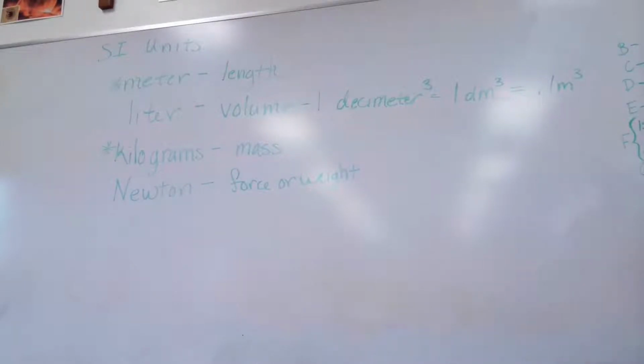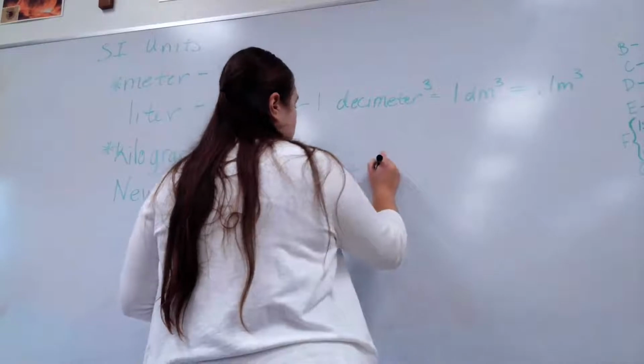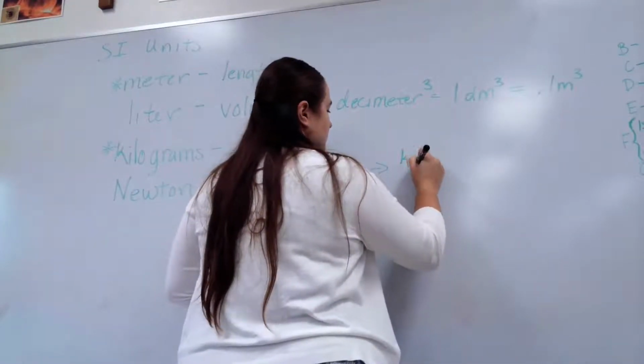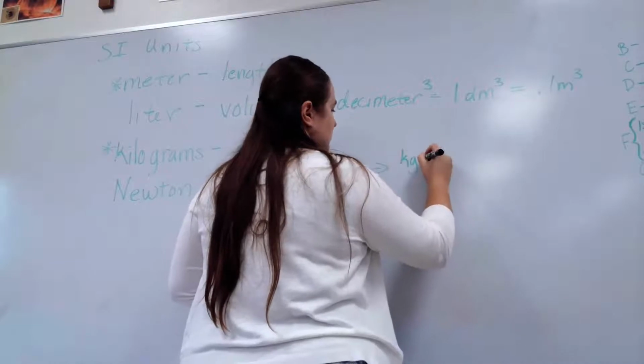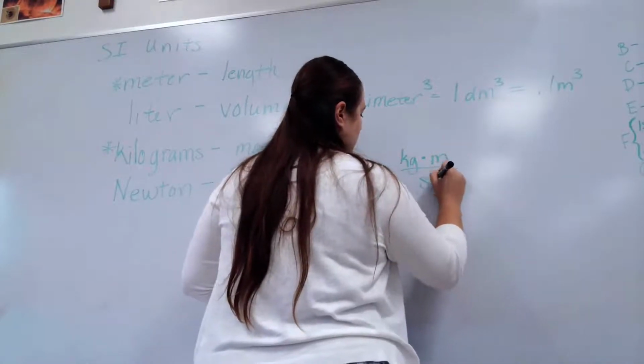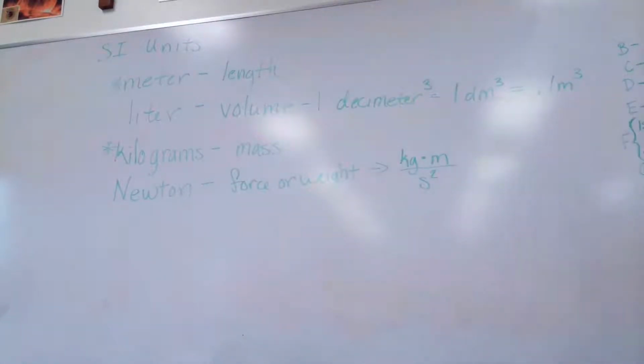So for newtons, that group of units that they found always popping up was kilograms times meters over seconds squared.